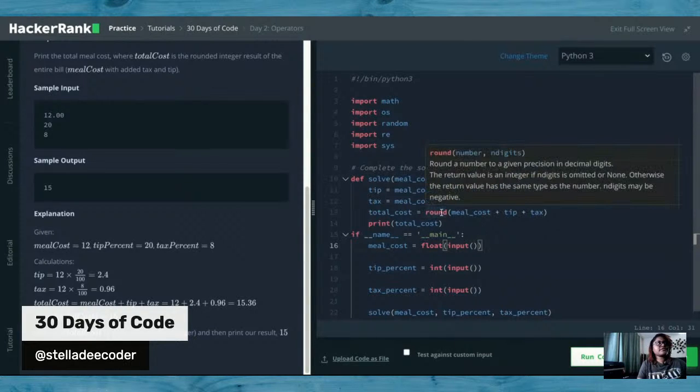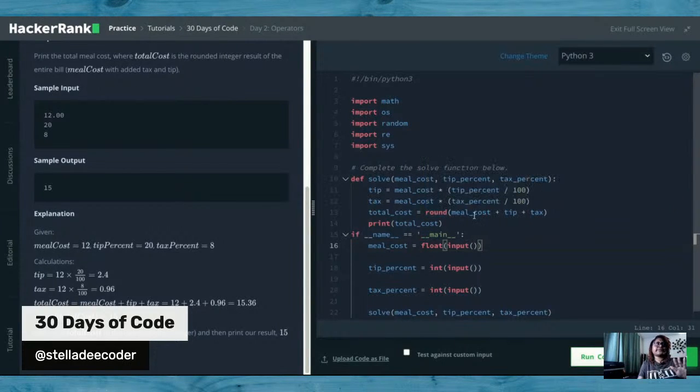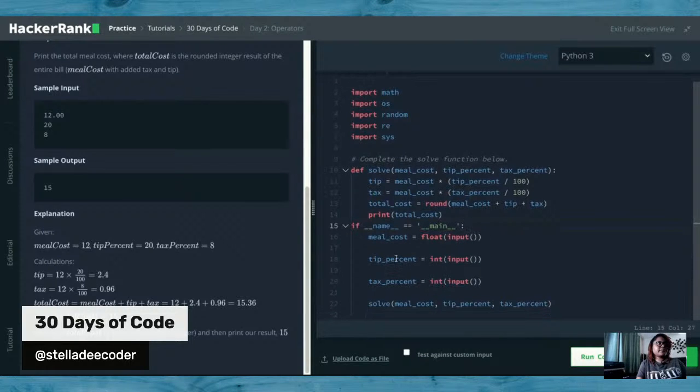Usually with the round method, you have the number and then the digits you're going to round it to. Since I left it blank, it defaults to rounding to the whole number. But if you wanted to keep 2 digits after the decimal, then you would put in a 2. We can try that later just to see what it looks like. But anyway, I think we have everything in here.